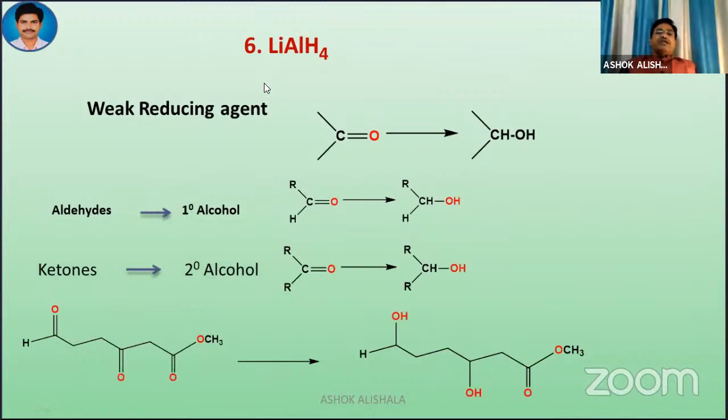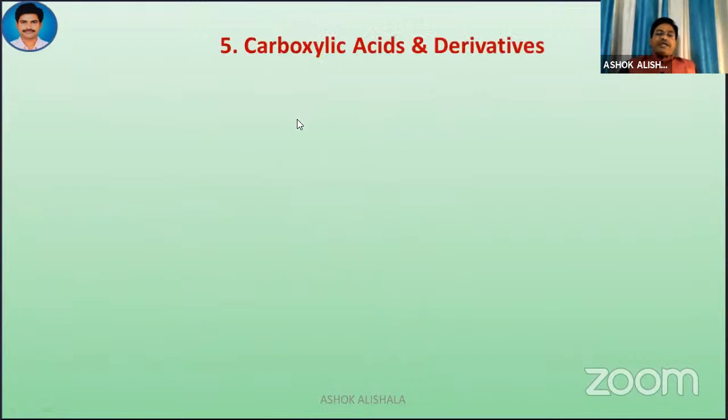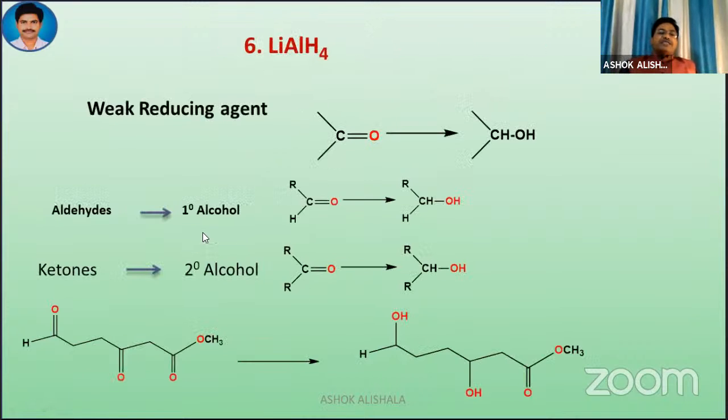Now, this is another reagent. See, another one is sodium borohydride actually. This was written by mistake. You remember, here it is sodium borohydride. And sodium borohydride is a weak reducing reagent.